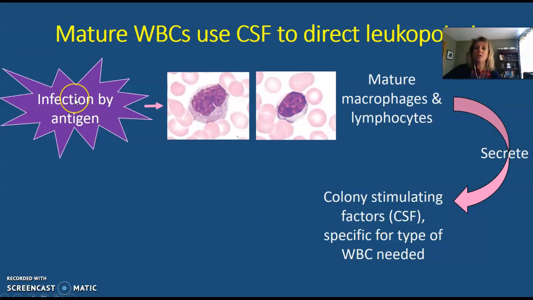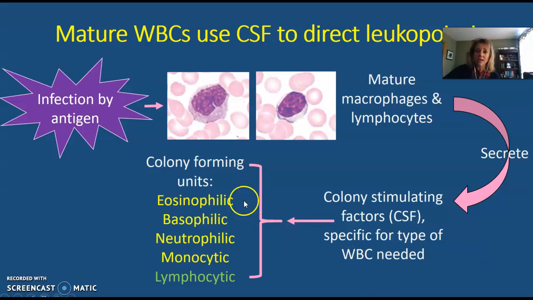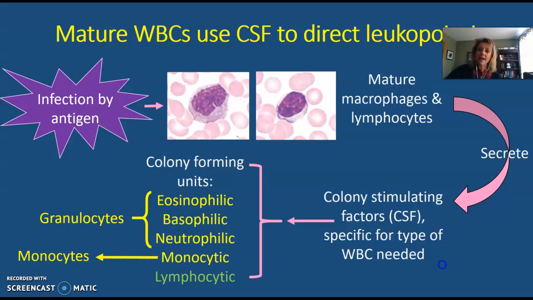If this antigen is a parasite, then it's the eosinophils that we're going to need. And so the colony forming units then will be stimulated to synthesize quickly whatever type of white blood cell we need in order to beat that infection. And so remember that the Phil family, the eosinophils, the basophils, the neutrophils, those are all granulocytes, and then the monocytes and the lymphocytes are the agranulocytes.